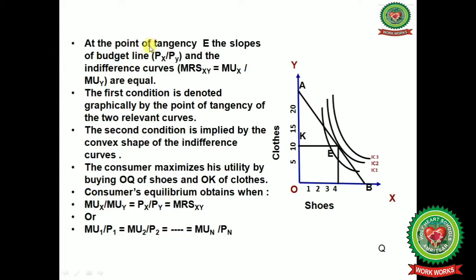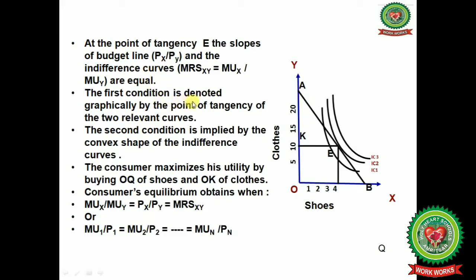Next, at the point of tangency, that is point E with the IC2 indifference curve, the slope of the budget line, the price of X commodity divided by the price of Y commodity, and the marginal rate of substitution for X and Y, which equals the marginal utility of X divided by the marginal utility of Y, are equal.